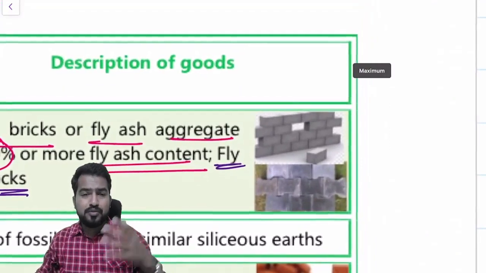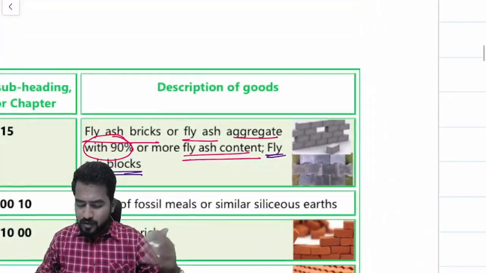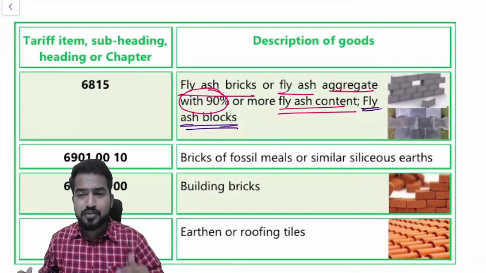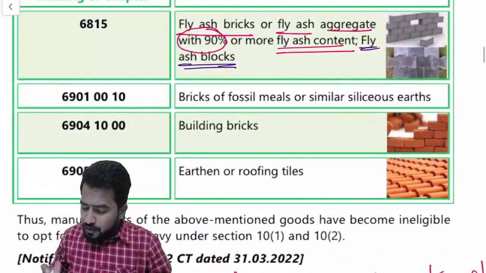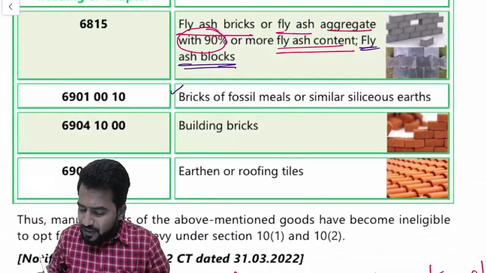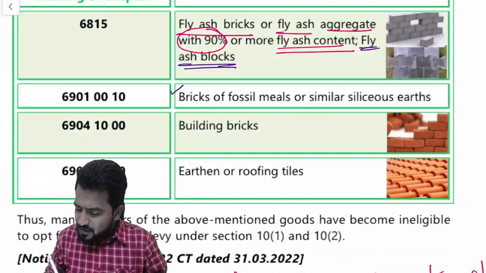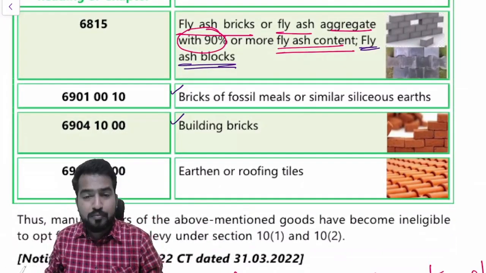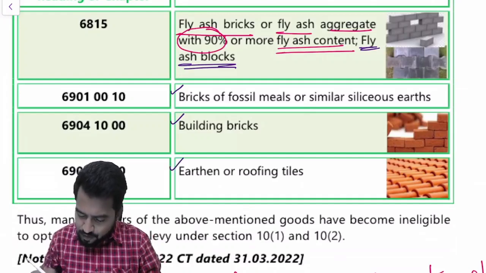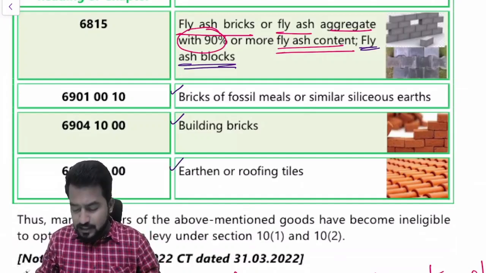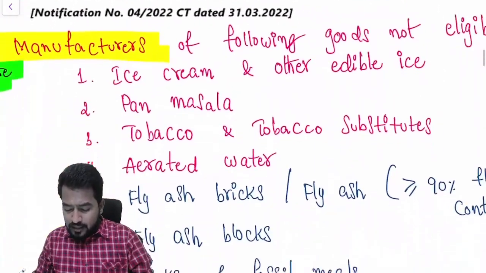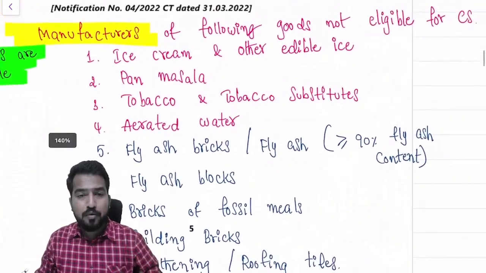What we use to construct houses or any other buildings, they use these fly ash bricks, my dear friends. So manufacturers of that, and manufacturers of bricks or similar siliceous earth, or manufacturers of building bricks, or manufacturers of earthen or roofing tiles. Manufacturers of these things are ineligible for composition now, my dear friends.